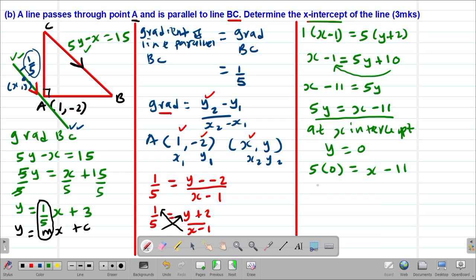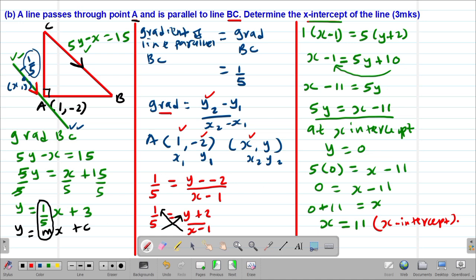So this will give me 0 equals x minus 11, which can be written as x equals 0 plus 11. Therefore, x is equal to 11. This is what we are calling the x-intercept of this particular line.